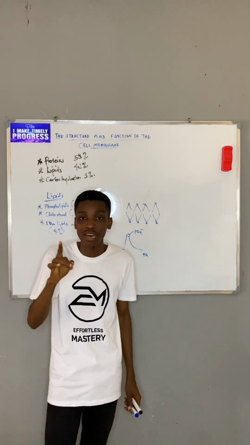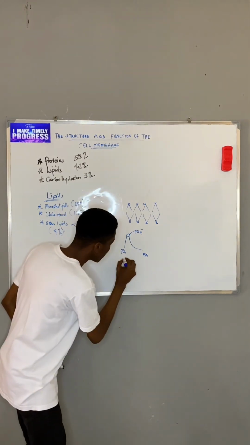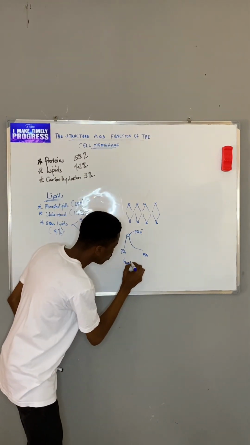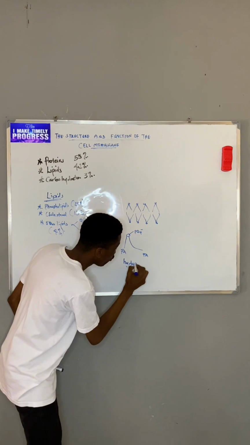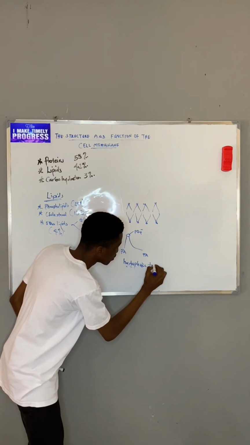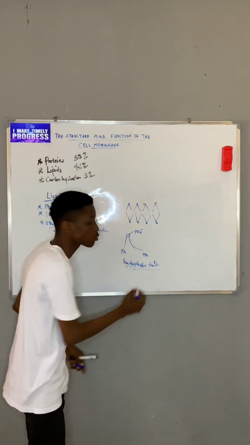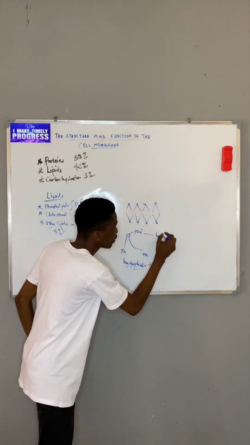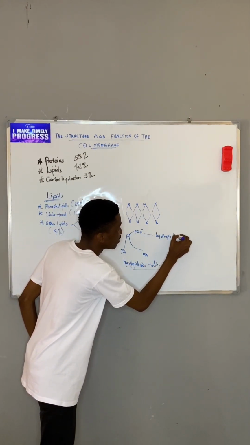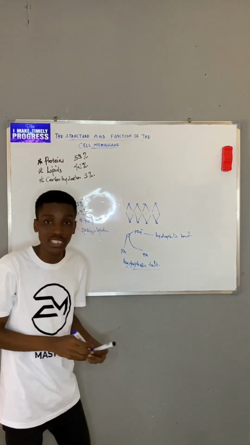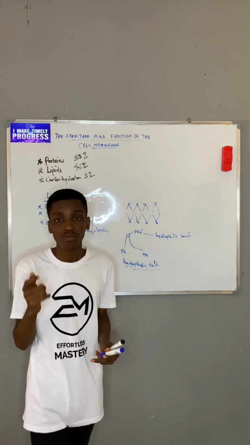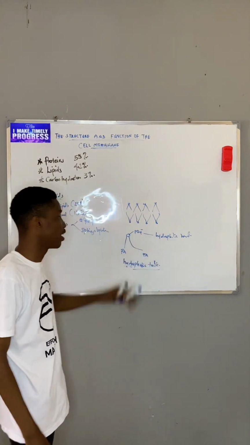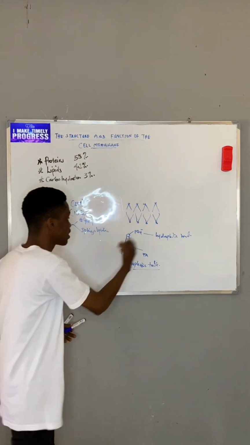They love lipids, that means they hate water. So please take note that they have hydrophobic tails, tails that hate water, that are the fatty acid chains. But then they have a hydrophilic head. The hydrophilic head is the part that loves water.